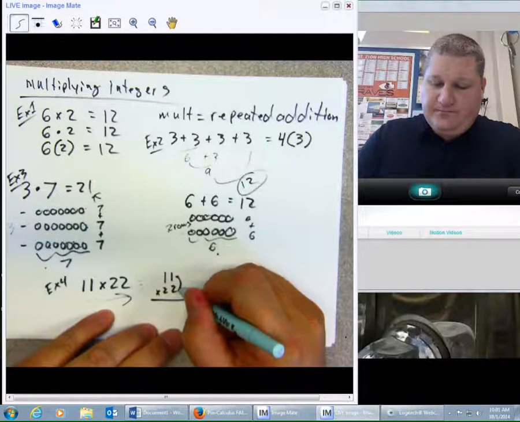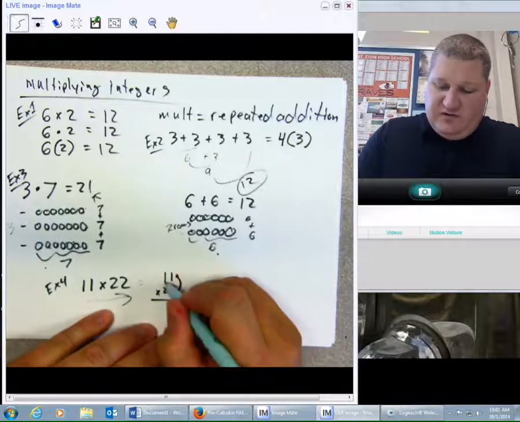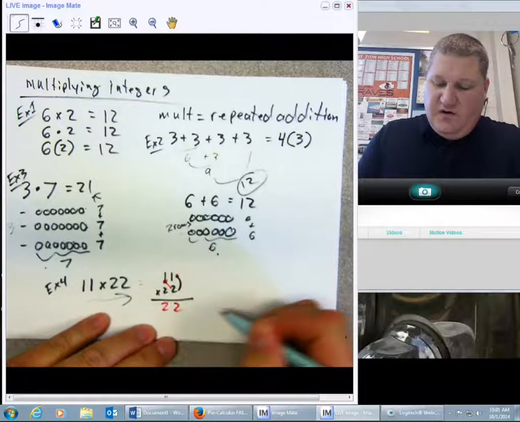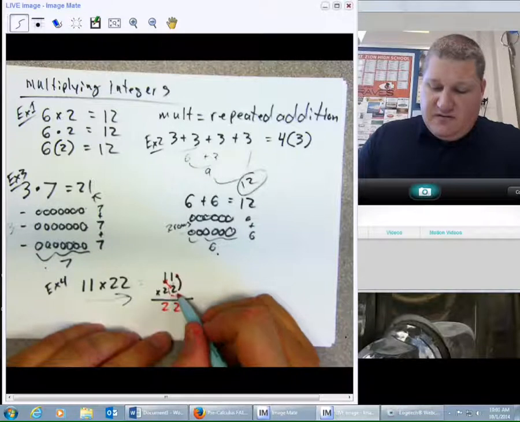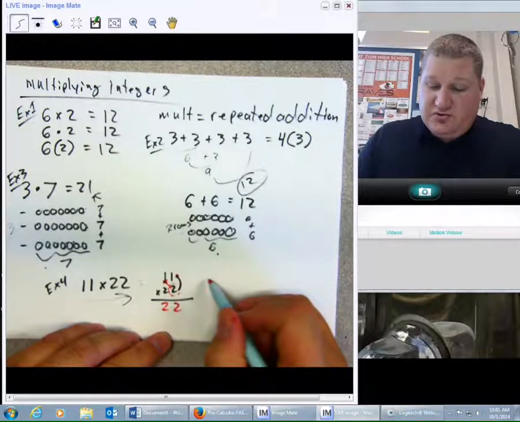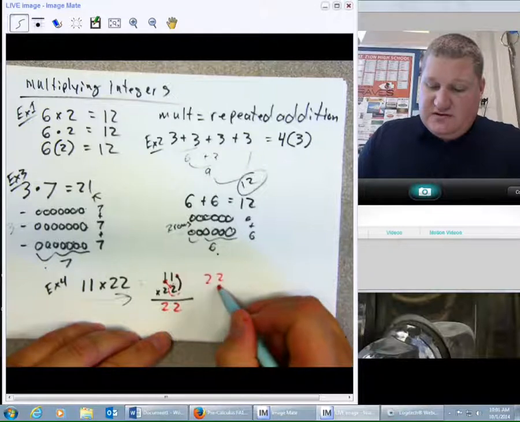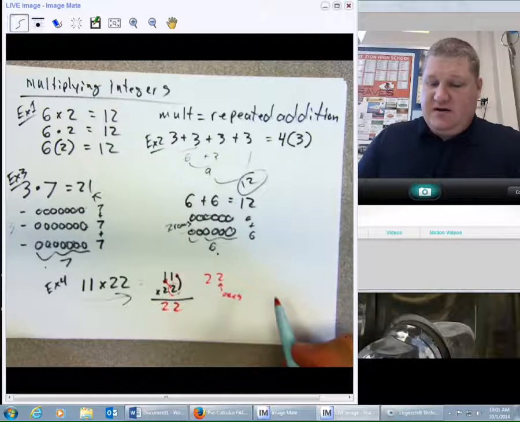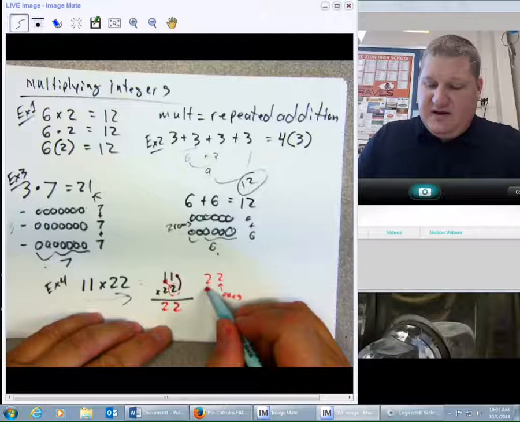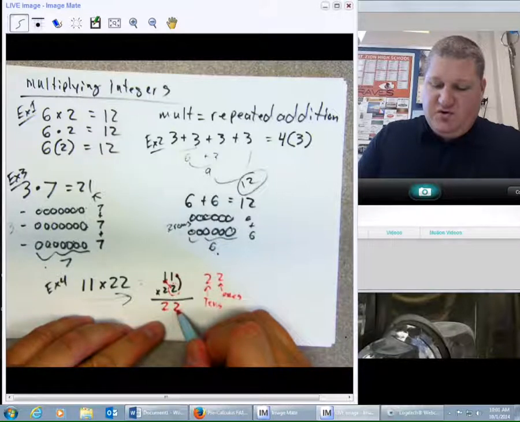Now, ladies and gentlemen, this spot right here, in the number 22, this is the ones spot. And this right here is going to be in the tens spot. So I'm going to take 2 times 1, put it here in the ones. 2 times 1, 2.